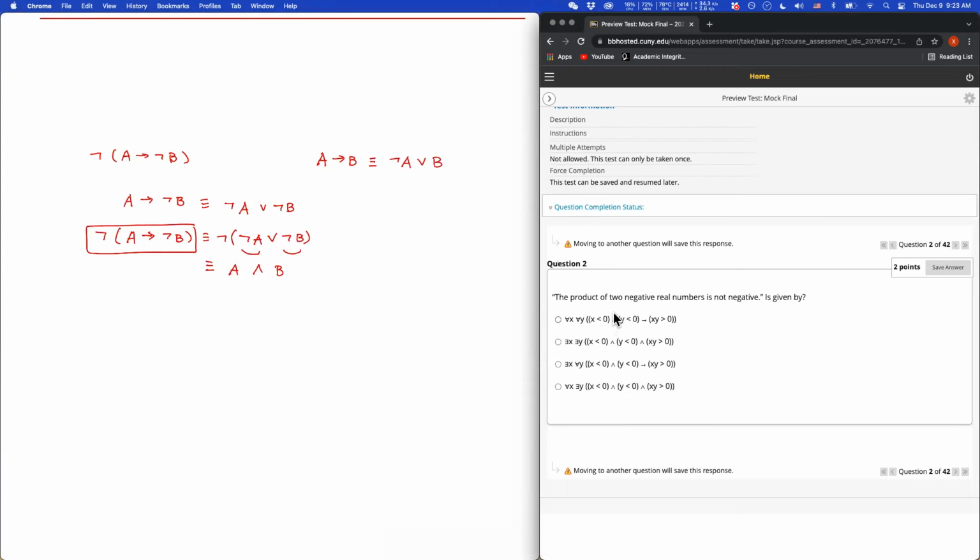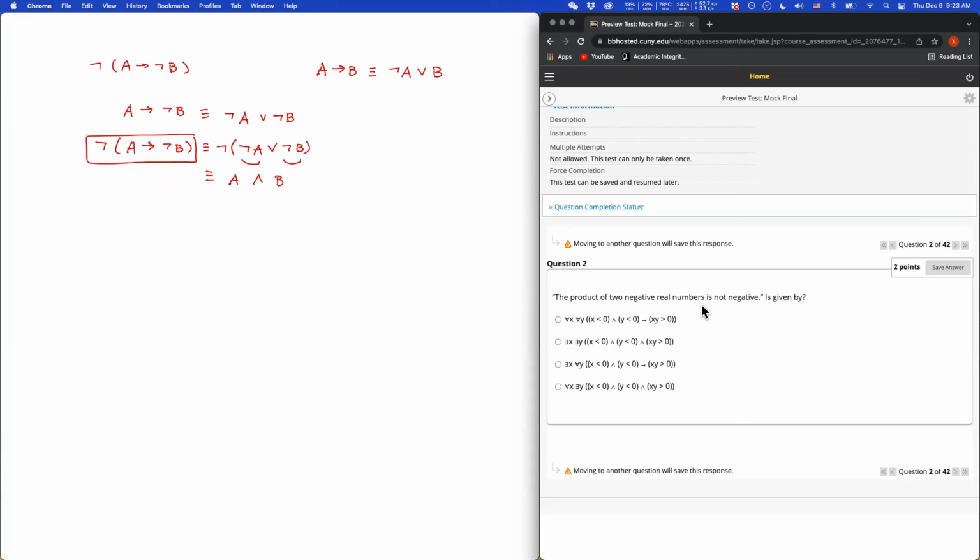Well, you want to have a product of two negative numbers. It's not negative, that means it will be positive. So it will be for all x and y, where x and y represent real numbers.